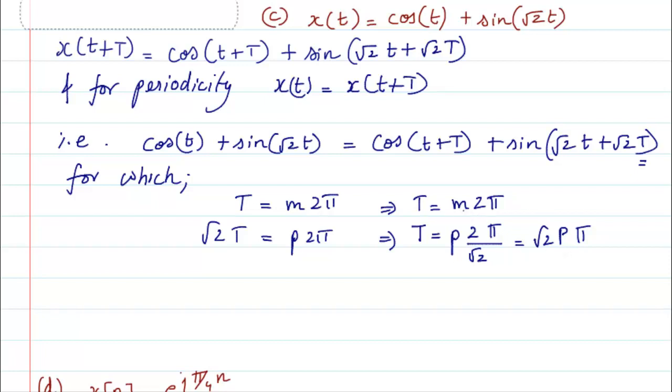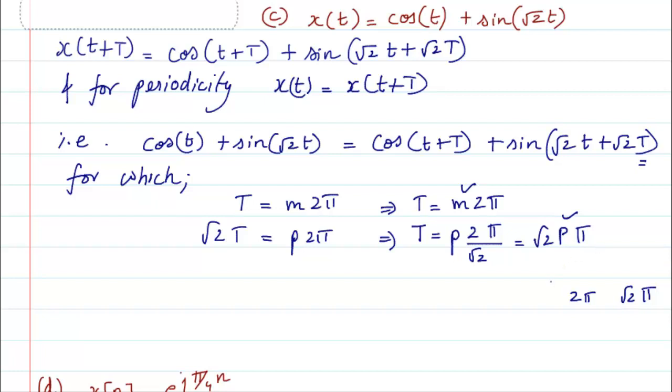Now we want to find a common value of T, just like we did in the previous problem. For that, we can try to find the LCM of 2 pi as well as root 2 pi. But the problem is that the values of m and p have to be integers.